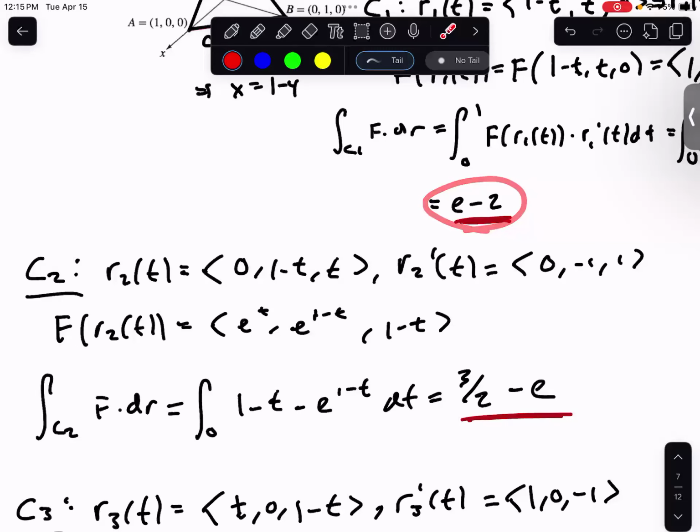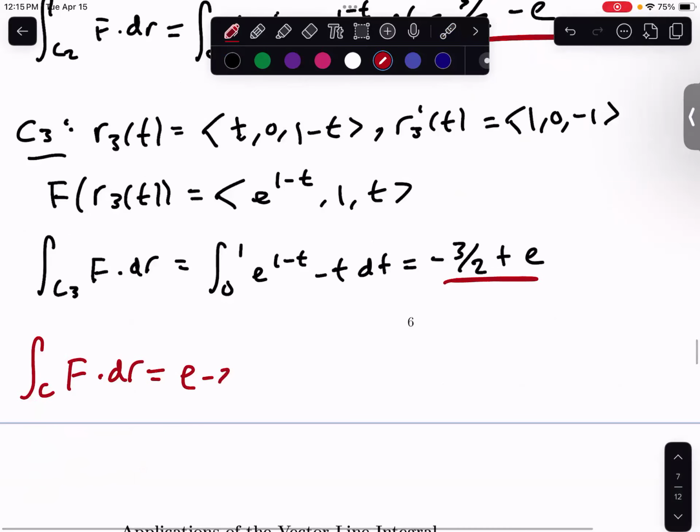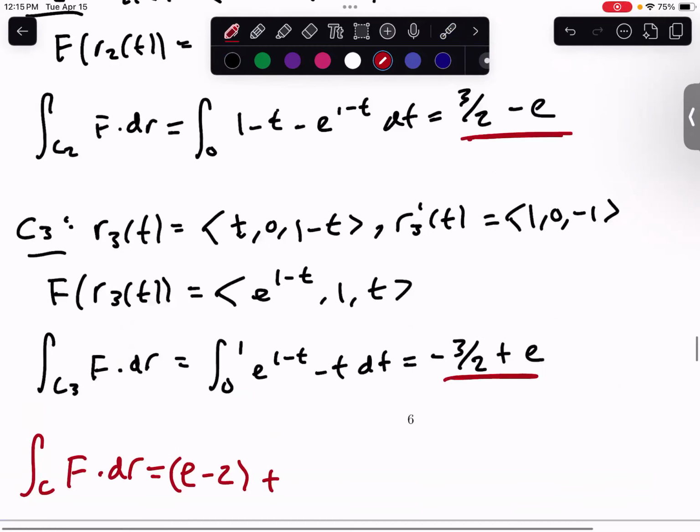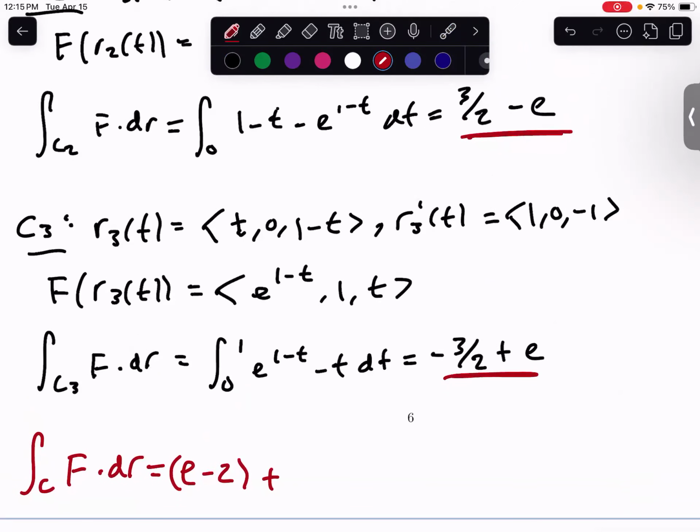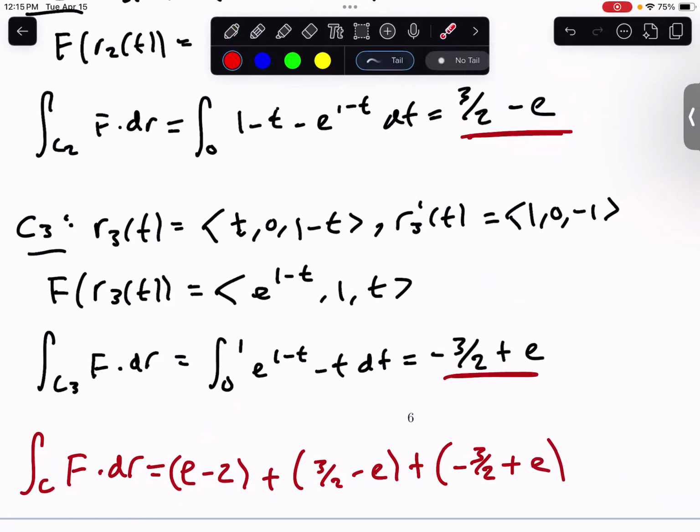So it's going to be e minus 2, plus this 3/2 minus e, and plus minus 3/2 plus e. You can see two of these parentheses are going to cancel out. You have 3/2 minus 3/2, and minus e plus e. So this ends up just being equal to e minus 2.